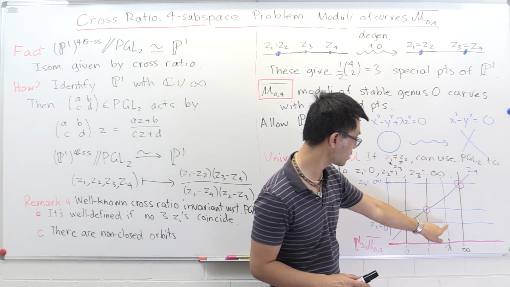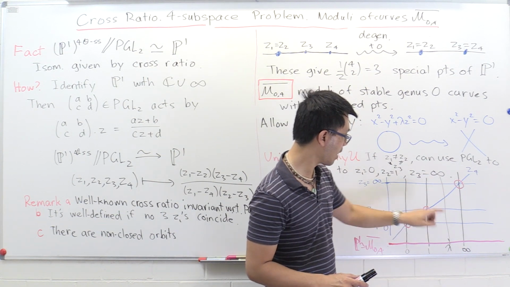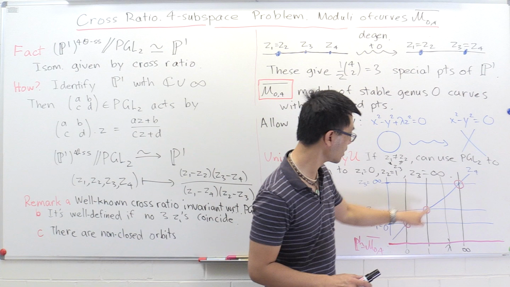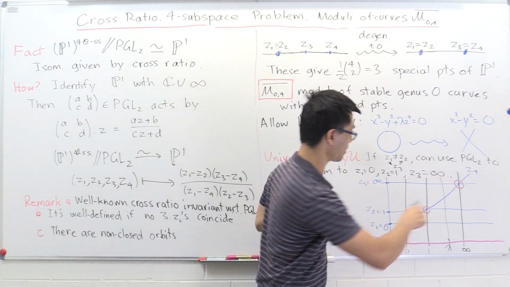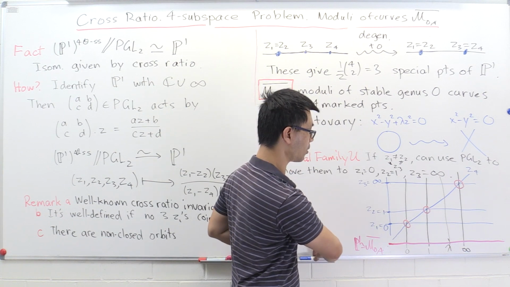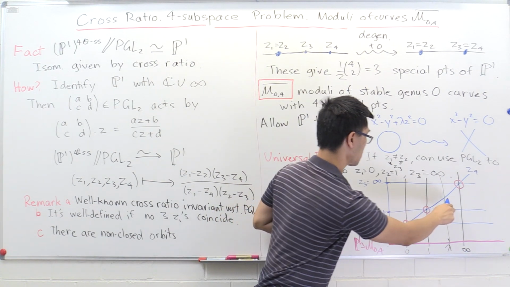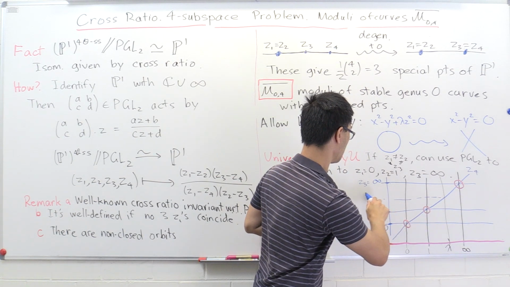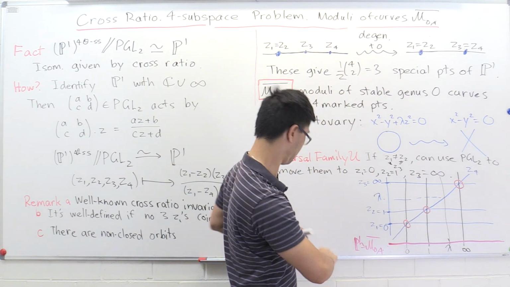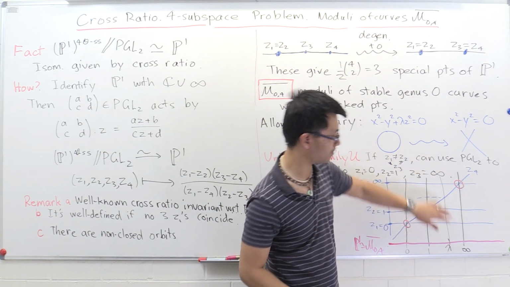It'll be Z1 equals 0, Z2 equals 1, Z3 equals infinity, and Z4 equals this one here, and that's going to be given by lambda. I'll write that in blue. So there's your lambda. That's one example here.